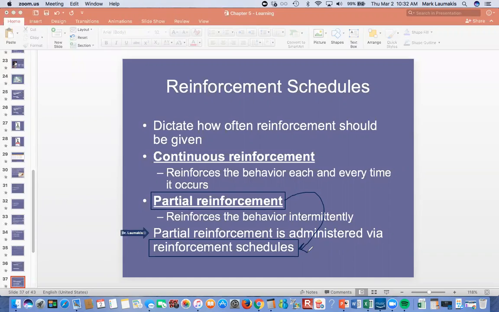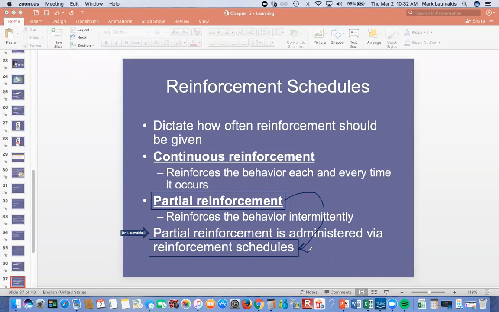Reinforcement schedules break into two different types. One type is based on the number of times the person does the behavior. And the other type of reinforcement schedule is based on how much time has elapsed since the reward was last given, okay?